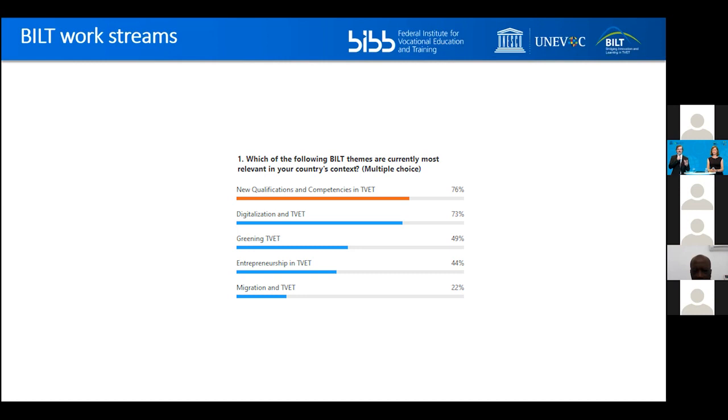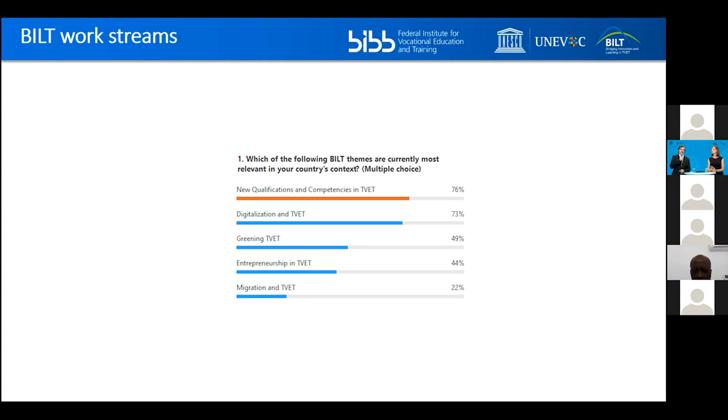In the social and political context of migration to Europe, many countries are accepting refugees. TVET plays a role in working with learners who've had disrupted educational backgrounds, they might be unaccompanied minors, economic migrants, whatever the cause, and in understanding how they can successfully integrate into those societies and the marketplace.